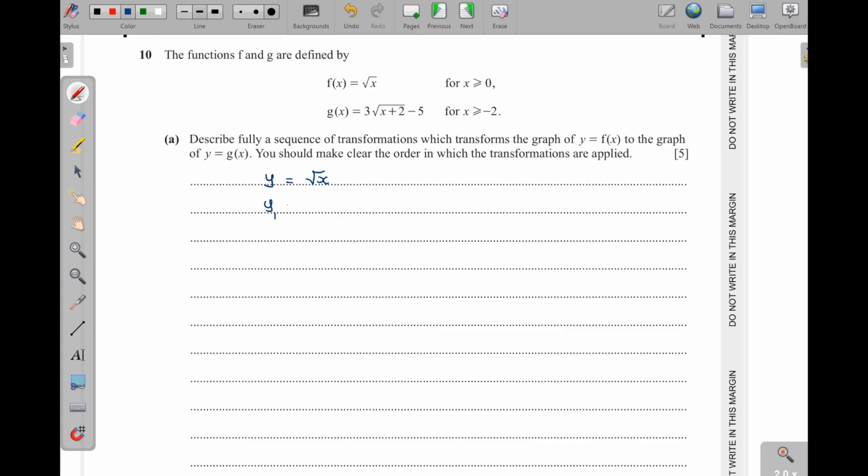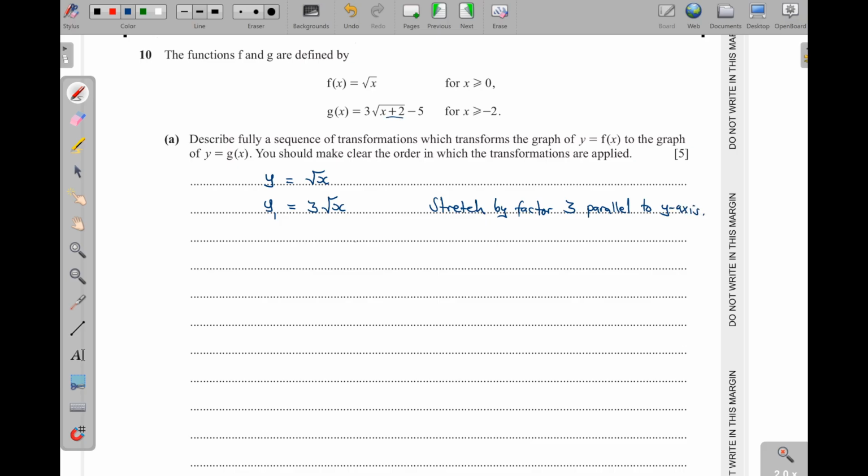Then after the first transformation, let's say, since here there is a 3, I can say 3, then times this. And this is a stretch by factor 3 parallel to y-axis. You see that?